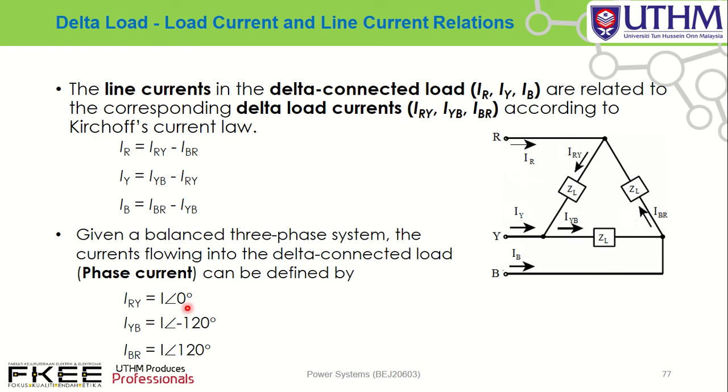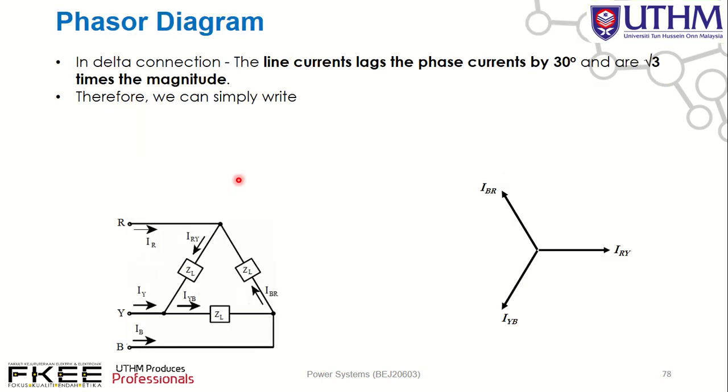You can determine IR by using this equation, IRY minus IBR. By using that equation, you obtain this relationship: IR equals square root 3 I phase, angle negative 30 degrees.